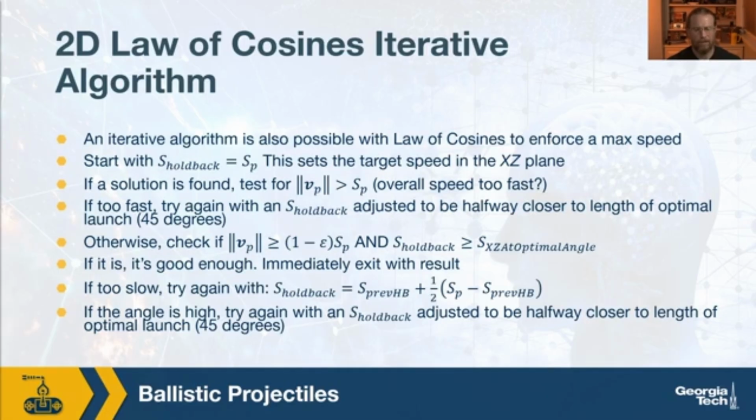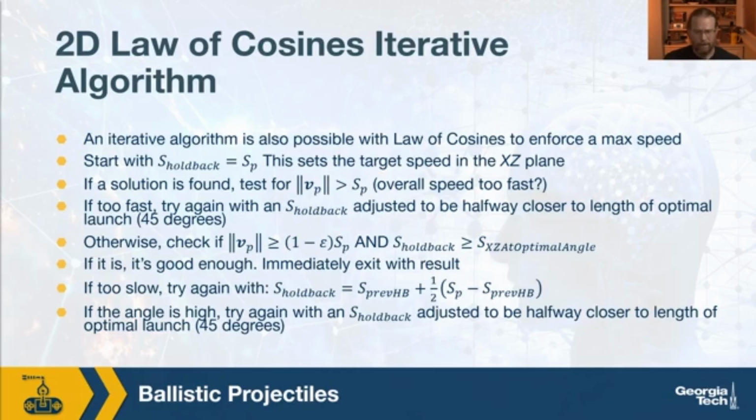This will allow the algorithm to start to push towards a faster speed, basically. Now, if it wasn't too slow, it might be that it's wasting energy on an overly steep lob, which would mean the angle is too high. If that's the case, then we could try again with the holdback adjusted to be halfway closer to the length of the optimal launch for 45 degrees.